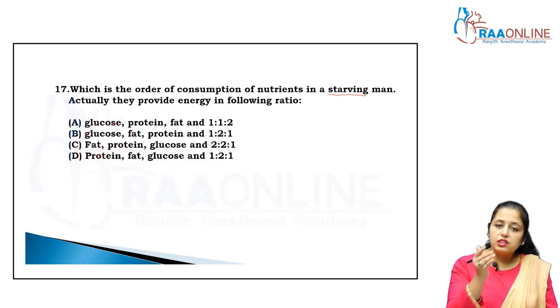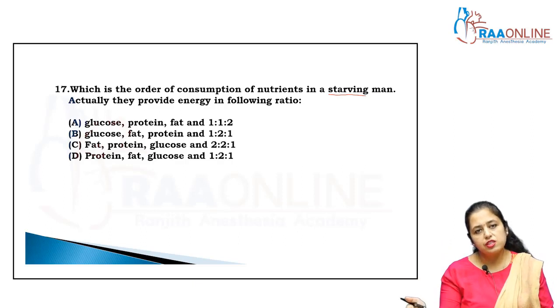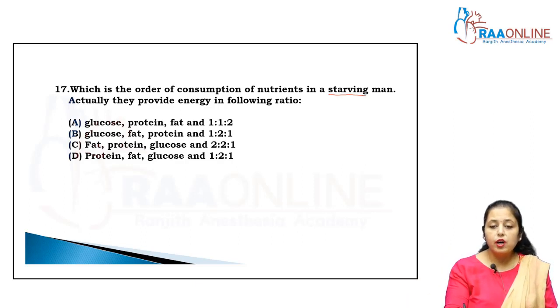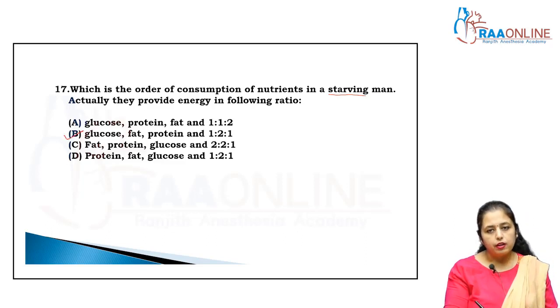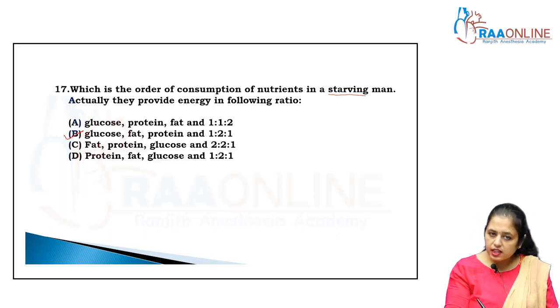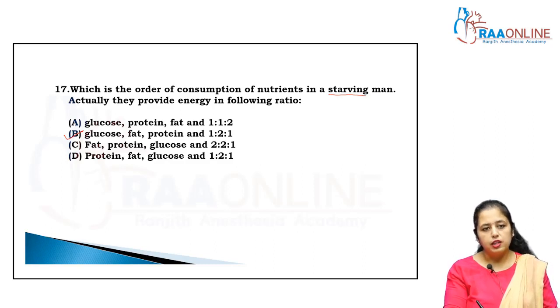So the sequence is carbohydrate, then fat, and last the protein, and the ratio is 1:2:1. The end product of carbohydrate is glucose. So glucose, fat, protein, 1:2:1. That is answer B. So these are the ratios in which these macro biomolecules provide energy. Clear?